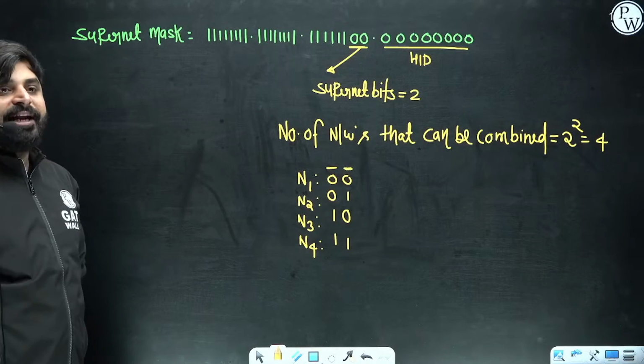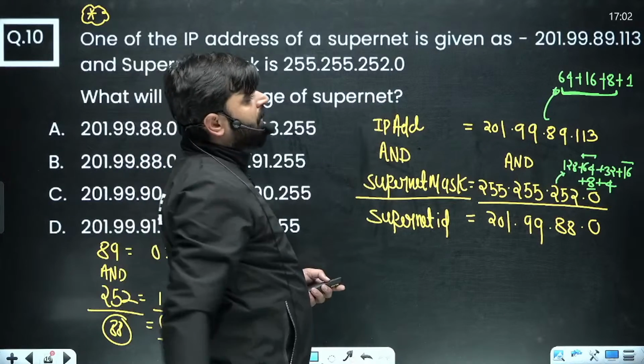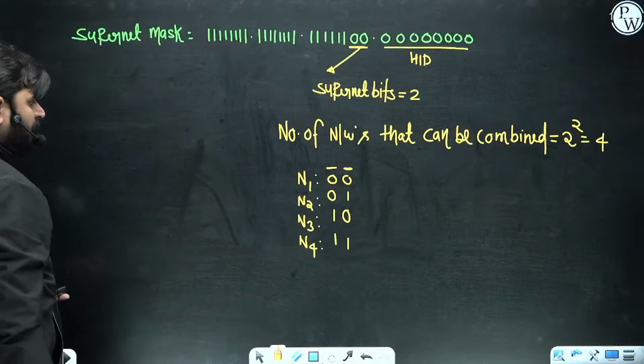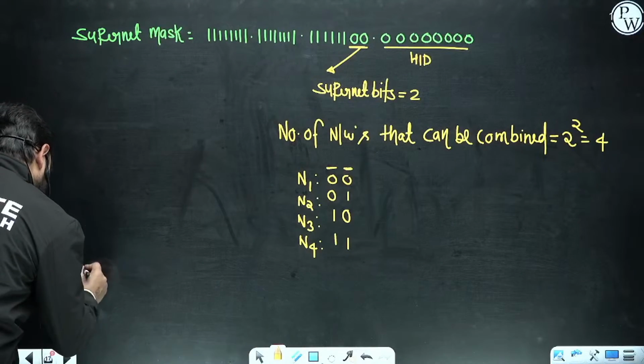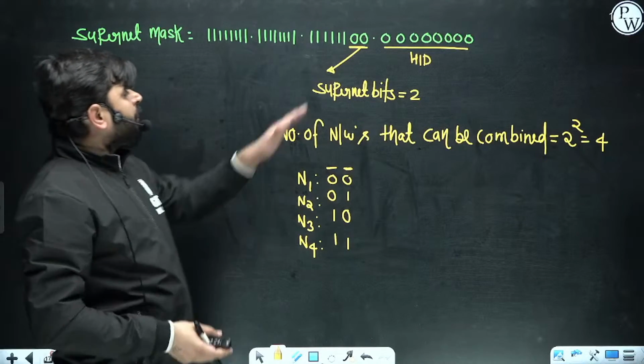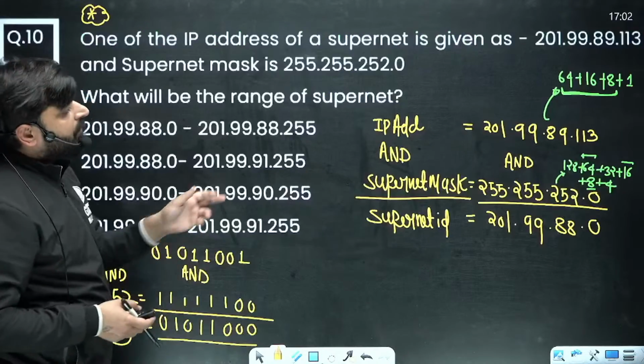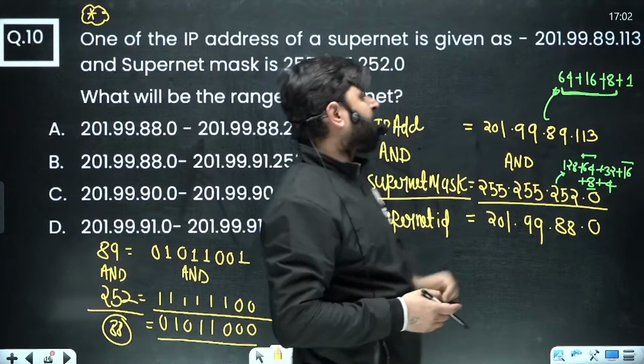Now we have to find the range of these 4 networks also. How can we find the range? 201.99. Now the last 2 bits are representing supernet bits. Let's focus on the third octet. The third octet is given as 89.